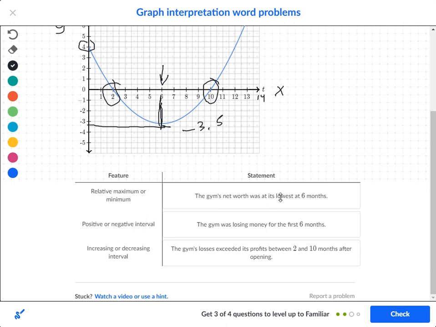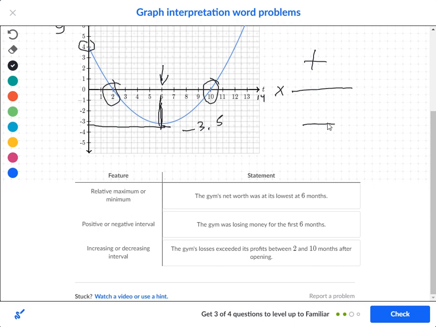Now we want to know about a positive or negative interval. When you're talking about the interval, be it positive or negative, the whole thing has got to be in a section, like the whole thing is positive or the whole thing is negative. Using the x-axis as our mark, the positive interval would be anything above it. The negative interval would be anything below it, but the whole thing has got to be there.